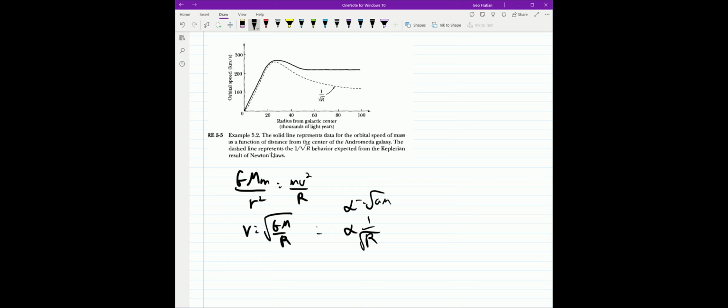And we notice that the experimental data actually does not follow that trend. And therefore, the only thing that can happen is if, in the previous equation, the mass of the galaxy is a linear function of r. So M of r is equal to like alpha r, basically.